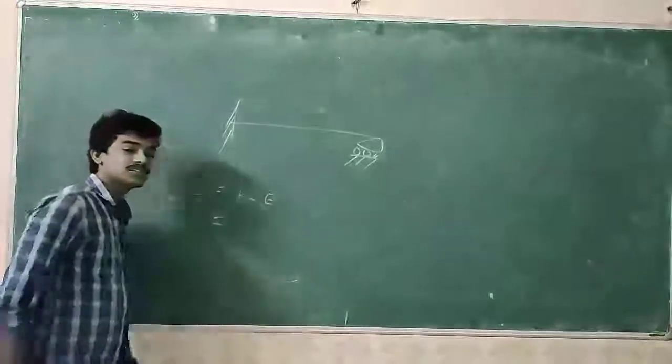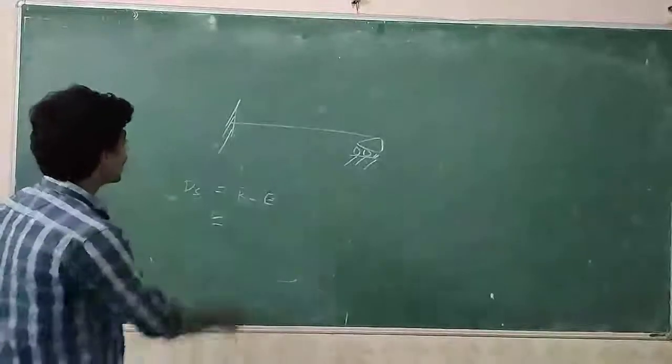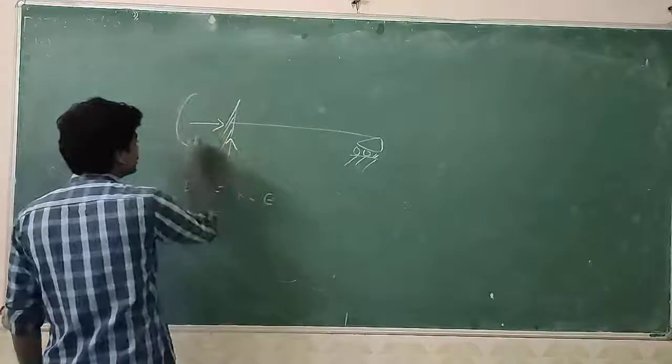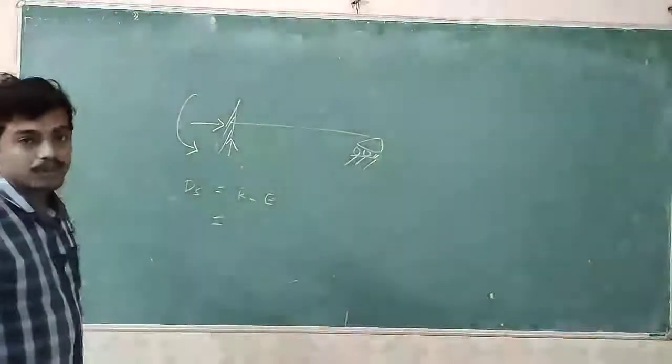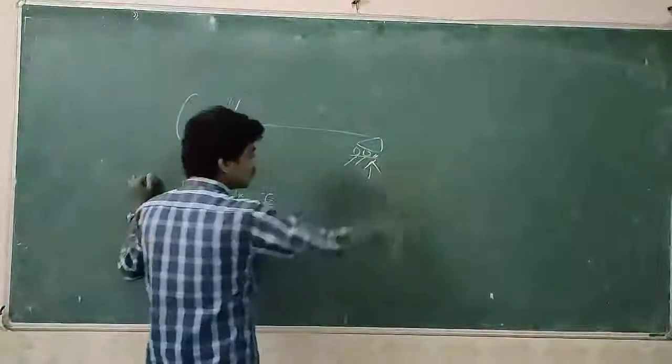E you already know, that is the number of equilibrium equations, that is 3. So what are R here? The external reactions: one is vertical, one is horizontal, one is moment, okay. So here 3, here 1.